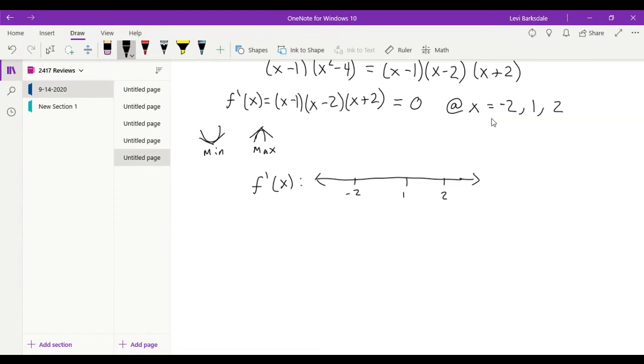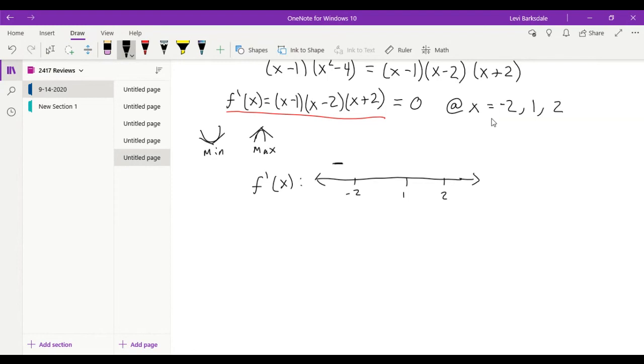So I look at this and I say, well, if I plug in x less than negative 2, this x minus 1 term is going to be negative, this x minus 2 term is going to be negative, and this x plus 2 term is going to be negative. So that's a negative times a negative times a negative, which gives us negative.